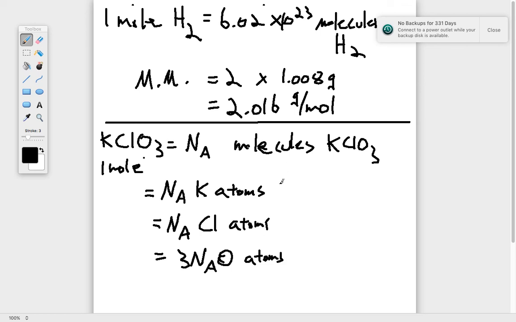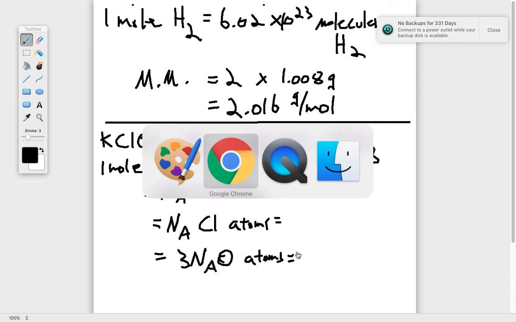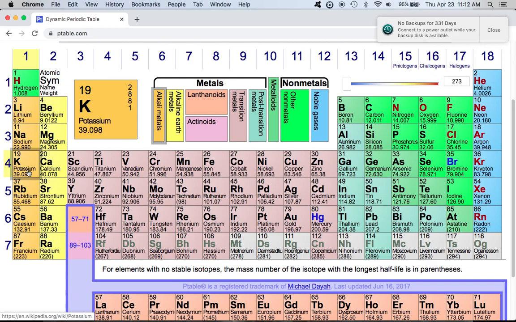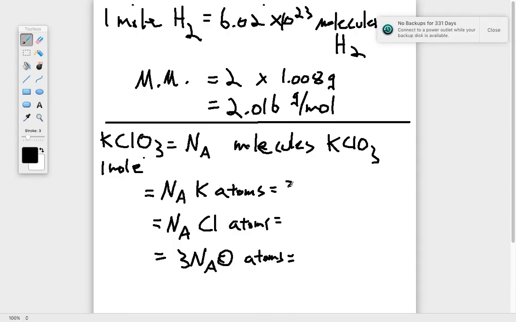All right. Well, if you do the math on this, periodic table coming in handy. Let's look at potassium. Potassium's over here. It's an alkali metal. 39.1, we'll call it, grams of potassium. And chlorine, I can just do from memory. It's 35.5 grams of chlorine.